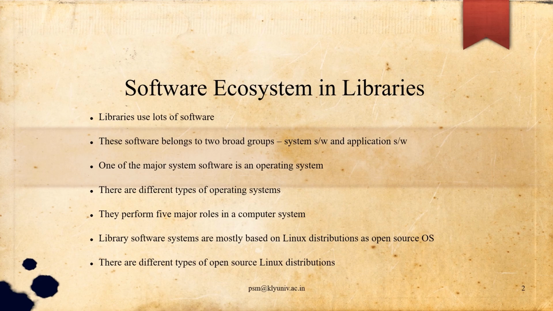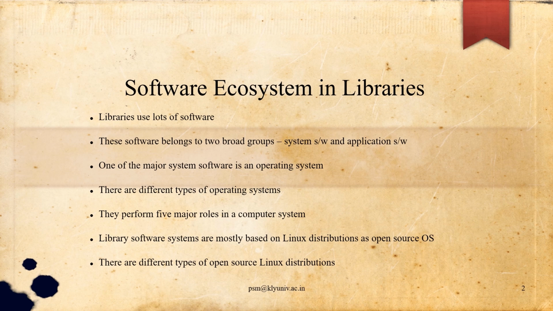Before making a quantum jump inside operating systems, we need to understand the role played by a system software, particularly the operating system, and what other system software are available inside a computer system. Then we will discuss different types of operating systems, how we can categorize them, what the domains are, and the distinction between closed source commercial products like the Windows operating system and open source Linux-based products, and what Unix is, what Linux is.